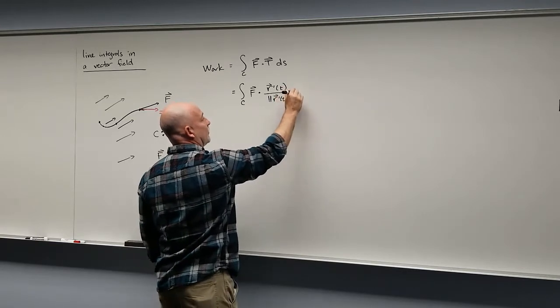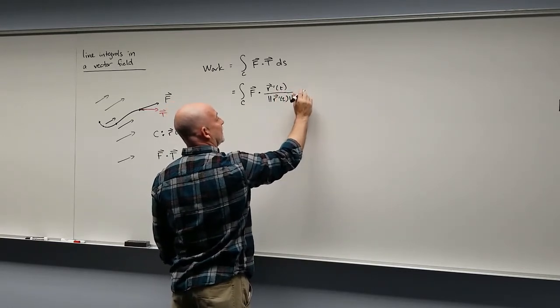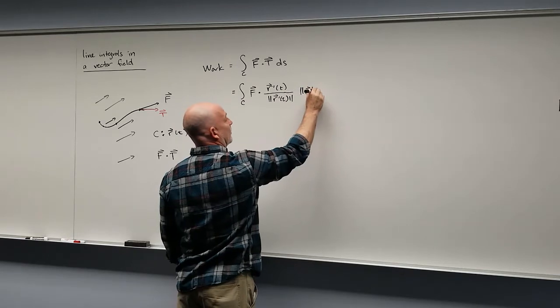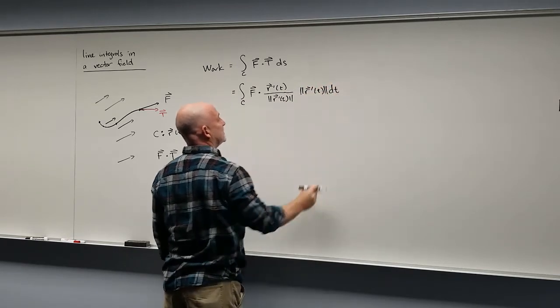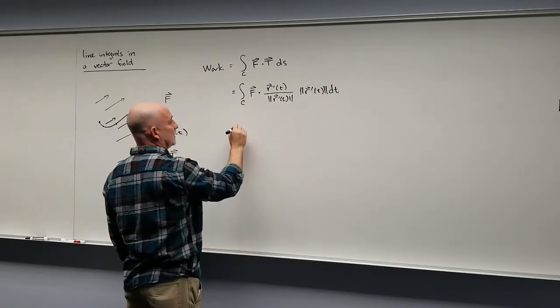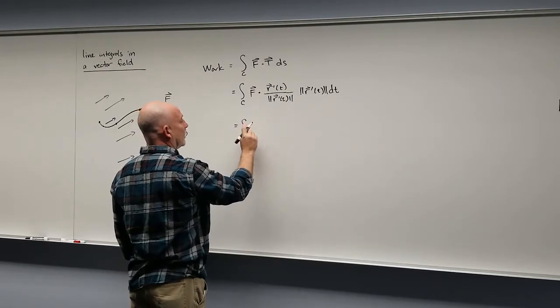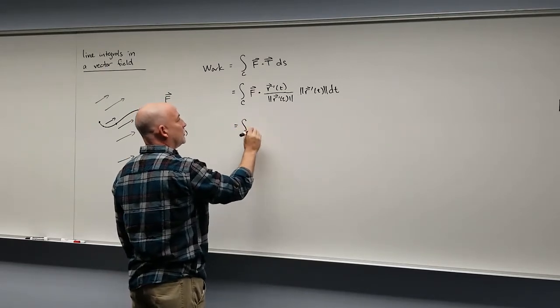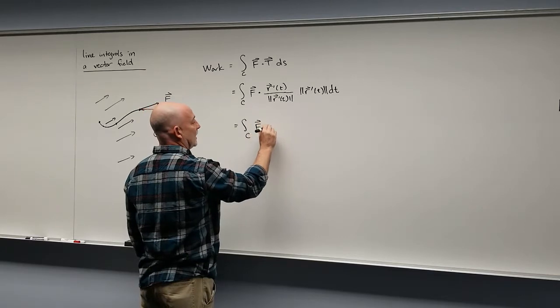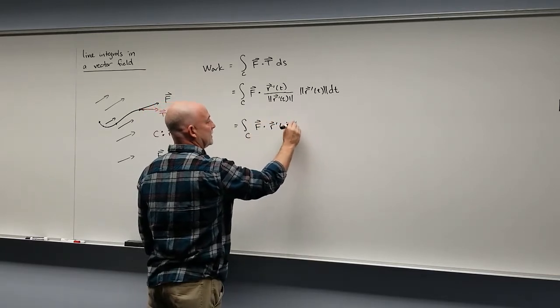And from the past, we also know that ds is the magnitude of r prime of t dt, which gives us the integral around C of F dot r prime of t dt.